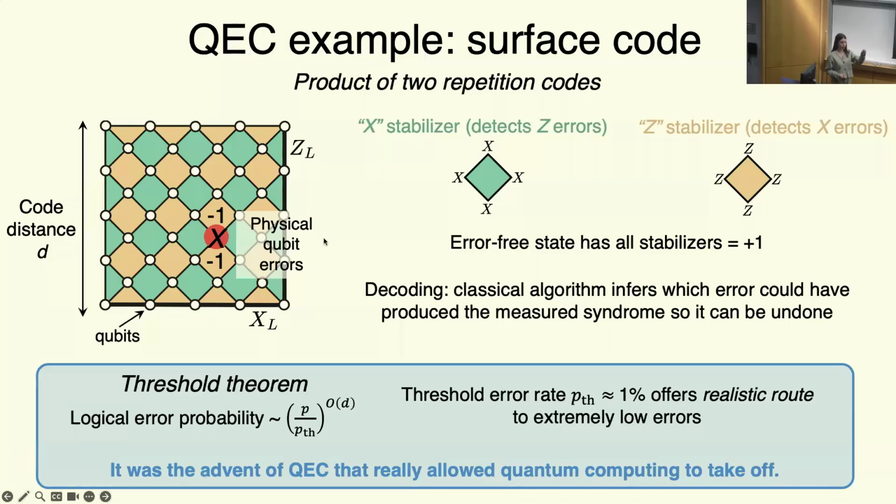We can just read out individual physical qubits. So what you do is bring in an extra qubit for each one of these stabilizers. That extra qubit does gates that map this product of four X's onto the value of that extra qubit. You use a quantum circuit to map it onto the extra qubit, and then you read out the extra qubit, which tells you whether it is plus or minus one.